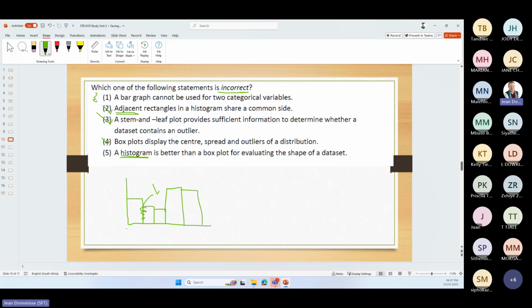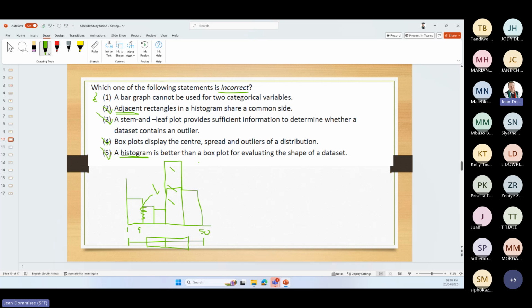Whereas in a box plot, if that was 1 to 9, then 10 to 19, and so forth, all that you will have in a box plot is the lowest, the highest, Q1, the median, and Q3. In a histogram, you have much more information. So you know if there is going to be a higher area, where you won't see that in a box plot.